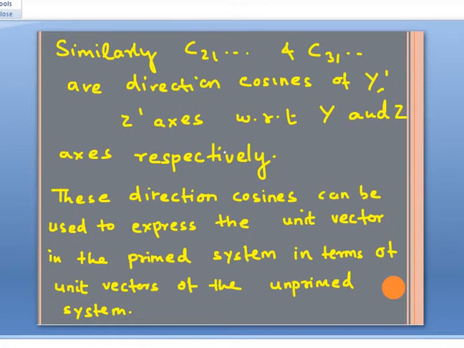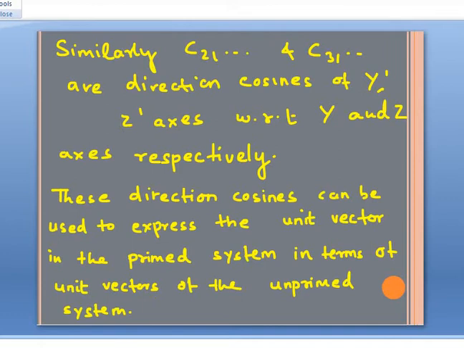So there are two sets of coordinates, body coordinates and space coordinates. Space coordinates are there for every object. For a rigid body, we also specify the body coordinates, that is the coordinates of the rigid body with respect to the space coordinates, the external coordinates. The direction cosines can be used to express the unit vectors in the primed system in terms of the unit vectors of the unprimed system.